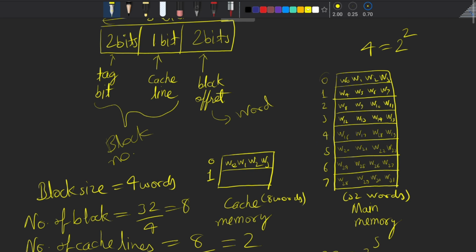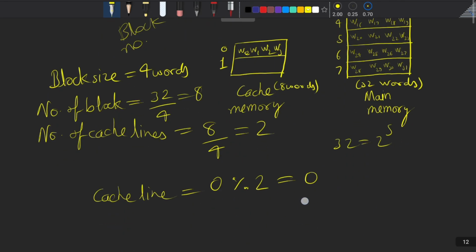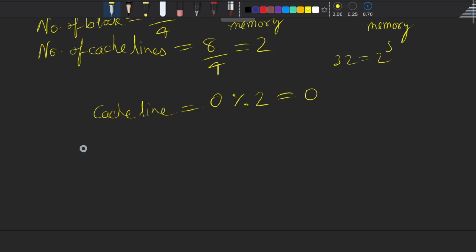But to move block 4 into the cache memory, we will have to evict block 0 despite having an empty cache line, that is cache line 1, due to the rigid formula used in direct mapping. Thus, this generates a major disadvantage which we have to face while using direct mapping for mapping main memory to the cache memory.